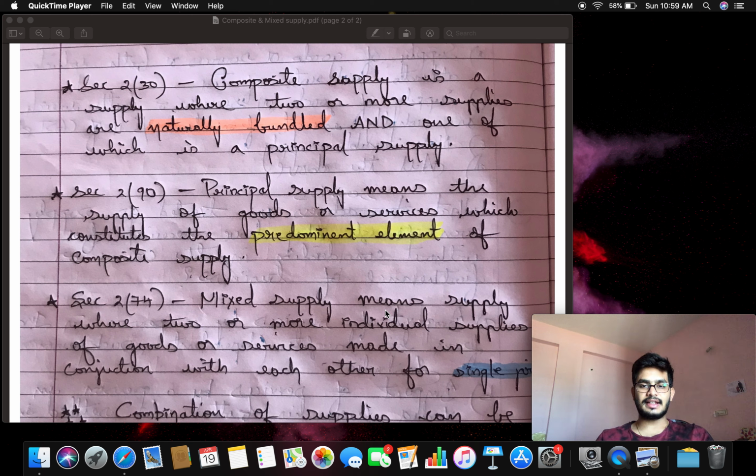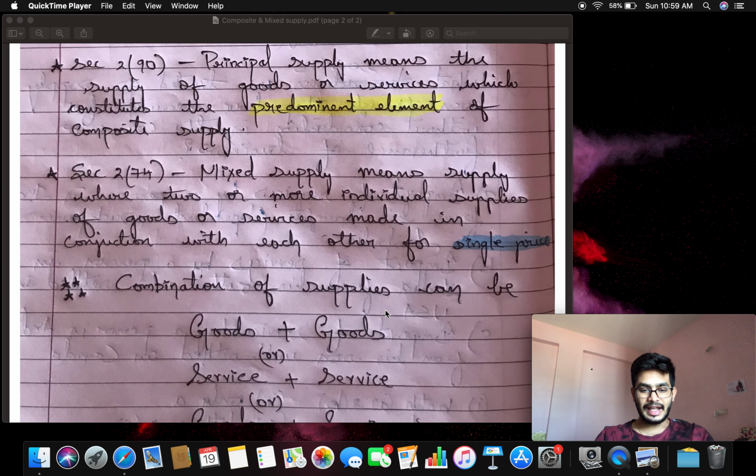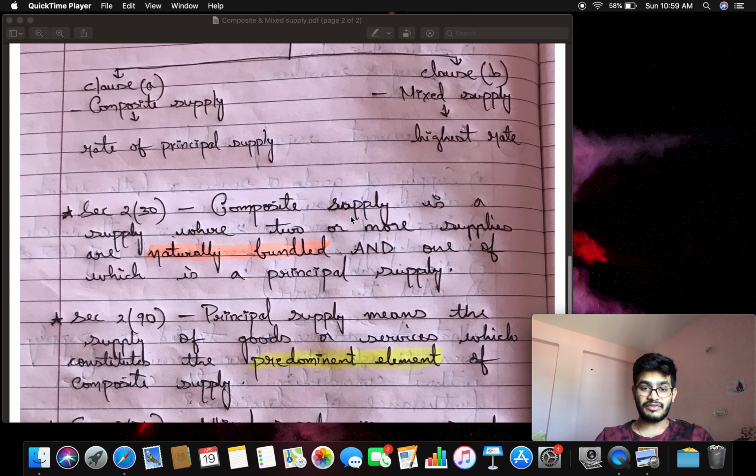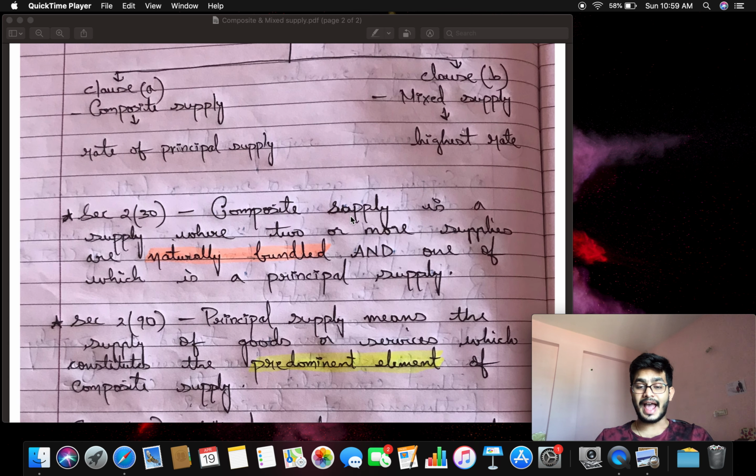Is it naturally bundled or artificially bundled? It is naturally bundled. In such cases, we have to segregate what is principal and what is auxiliary.